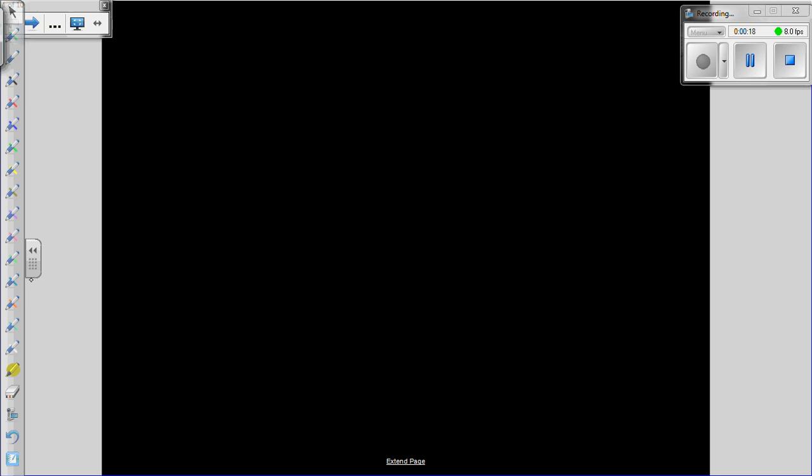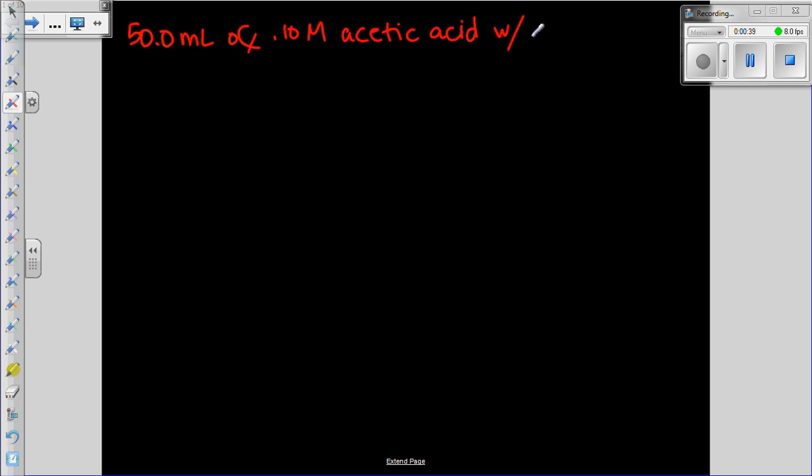And so what we want to do here is consider the titration of 50 milliliters of 0.10 molar acetic acid with 0.10 molar sodium hydroxide. And the Ka for acetic acid is 1.8 times 10 to the negative fifth.